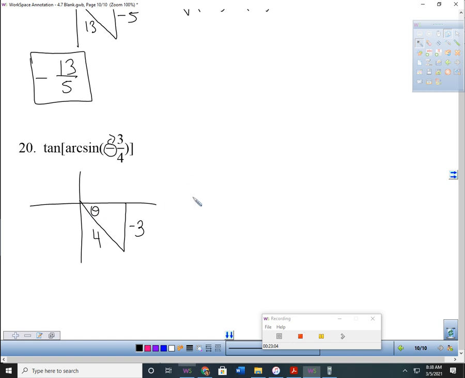So we're going to have to do our Pythagorean theorem thing. So I've got my hypotenuse squared minus the leg that I have squared. That would give me 16 minus 9, which would be 7.